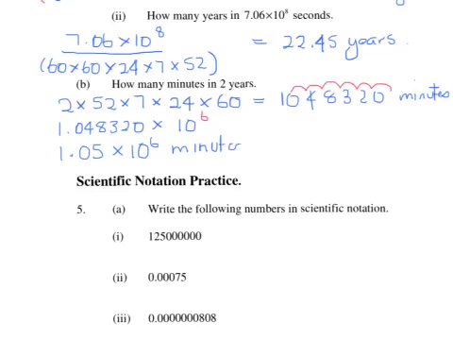So I've done a bit more than I was asked to do in that question, and the reason why is because we're now going to practice converting conventional numbers to scientific notation, and then taking scientific numbers and converting them back to conventional numbers.